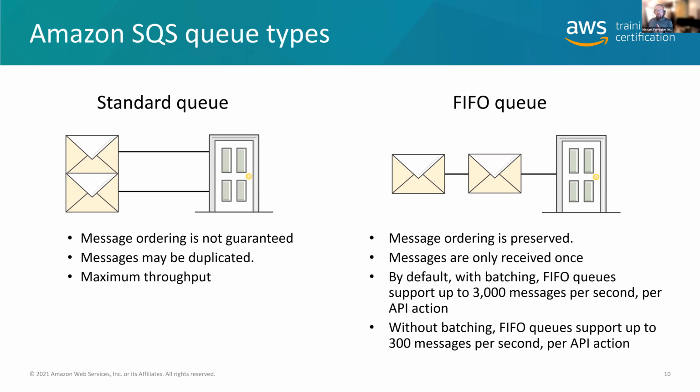So even if you're using short polling with a FIFO queue, you are going to get the next message, even if it doesn't query all the servers, because all the servers are instantly told, hey, this is the next message in the system. So FIFO somewhat negates the negatives of short polling. But the worst thing that's going to happen is you won't see a message, if that makes any sense, Bob.